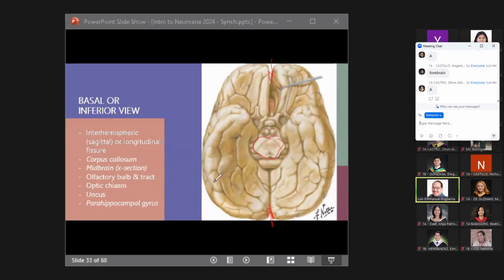You have the cut olfactory bulb, olfactory tract, optic chiasm. This is the parahippocampal gyrus, with an uncus up there, which are part of the limbic lobe.